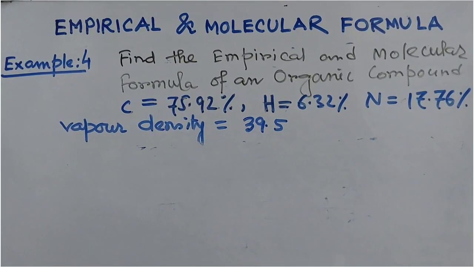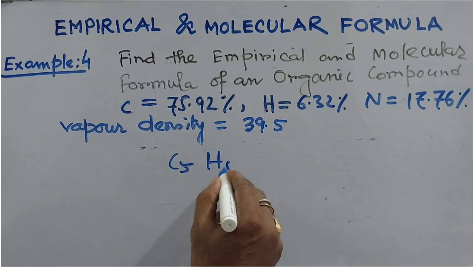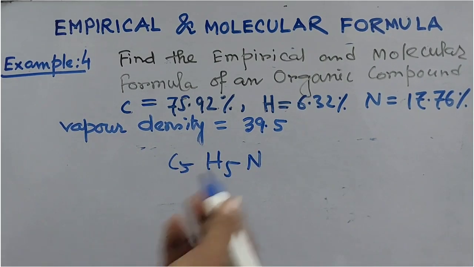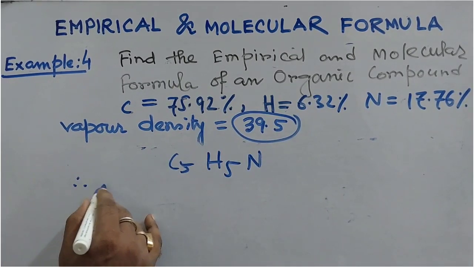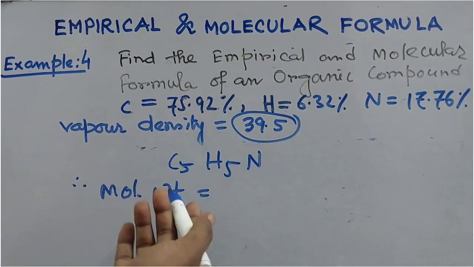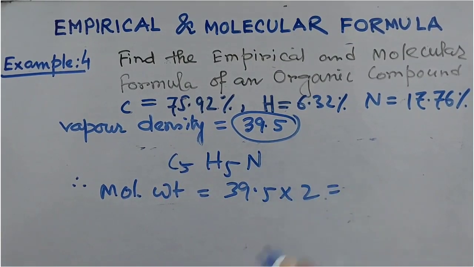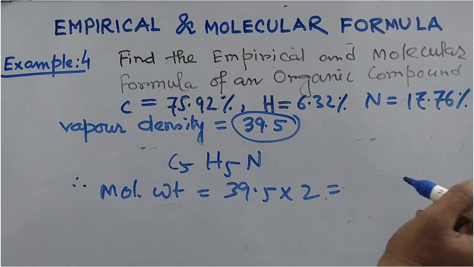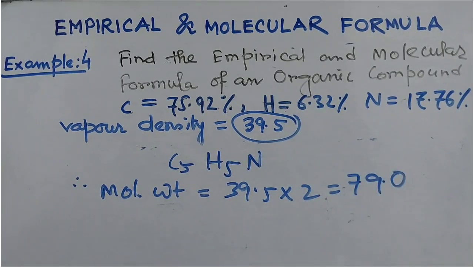Therefore, the empirical formula will be C5H5N. Now, vapor density is 39.5. Therefore, molecular weight will be, as molecular weight is double the vapor density, 39.5 into 2, that is 79.